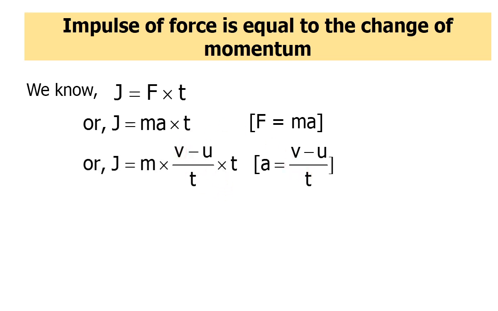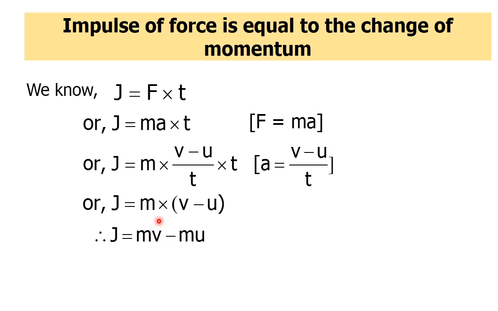By putting all the information together, we can write that J equals mv minus mu. Here v means the final velocity, so mv means final momentum, and u means initial velocity, so mu means initial momentum. So now we can say that impulse of force J equals change of momentum.